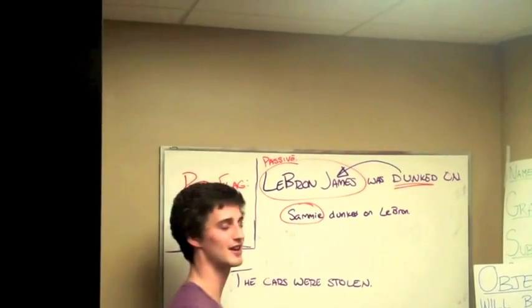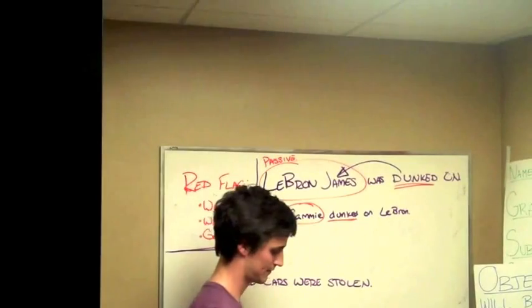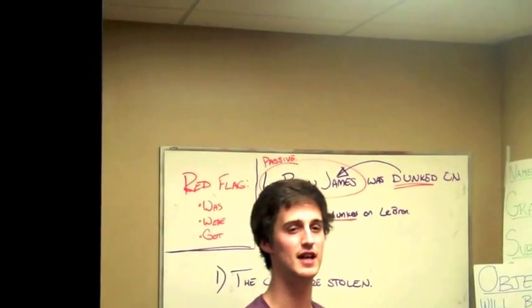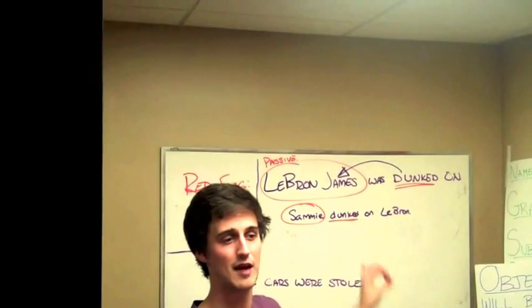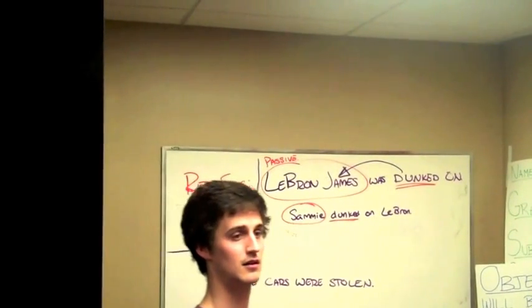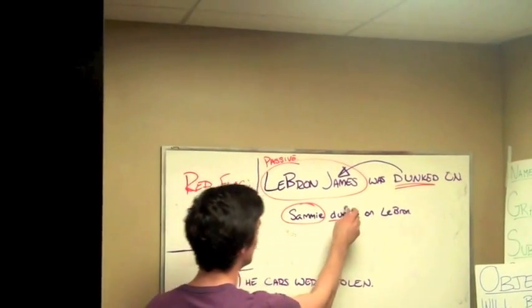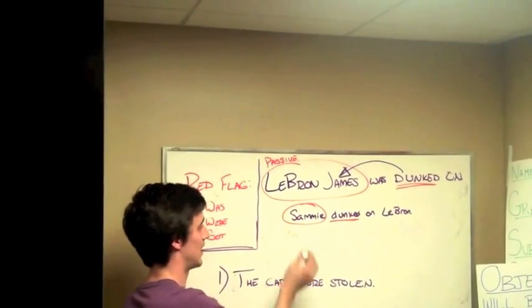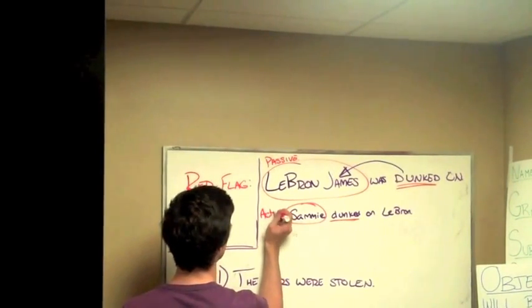Sammie is our new subject, and our verb is still dunked. In this new sentence, is the subject doing the action, or is the action happening to our subject? Mike? Right. The subject does the action. This is an active voice sentence.